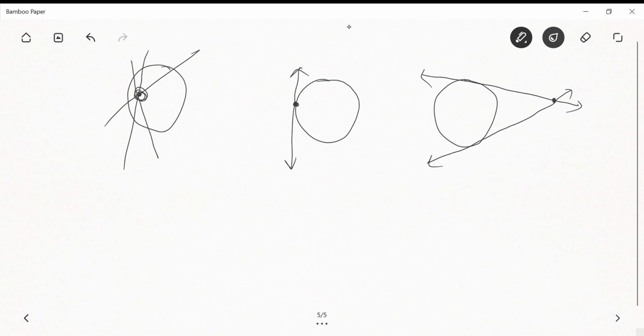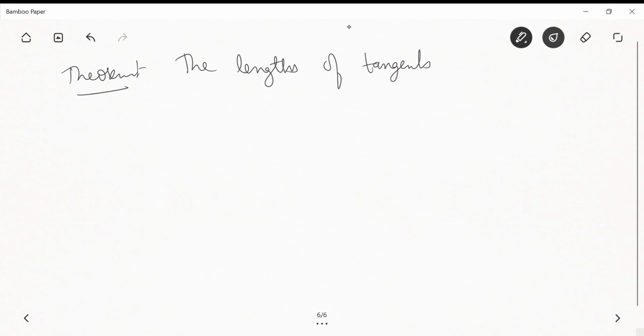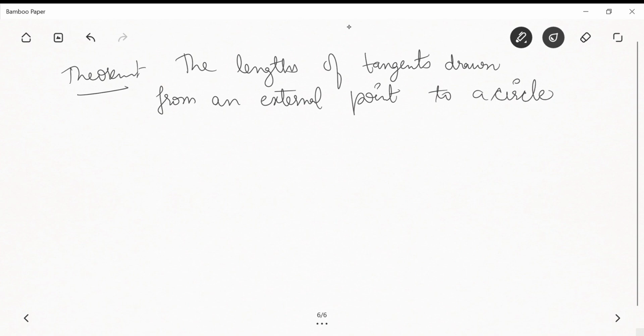Now let's move to the next theorem. The length of tangents drawn from an external point to a circle are equal.